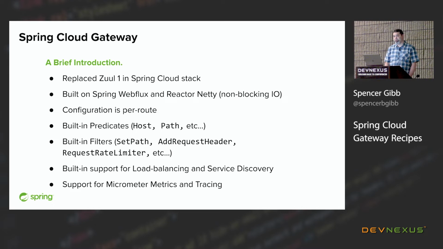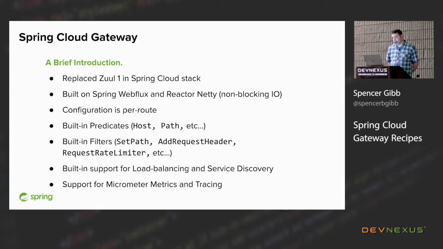So we have Reactor Netty underneath, and Gateway is all non-blocking. The configuration is per route, where in Zuul there was just kind of configuration, and if you wanted it to match a particular route, you could, but basically they were kind of global. We have a bunch of built-in predicates and filters. You can match on anything in the request, basically.